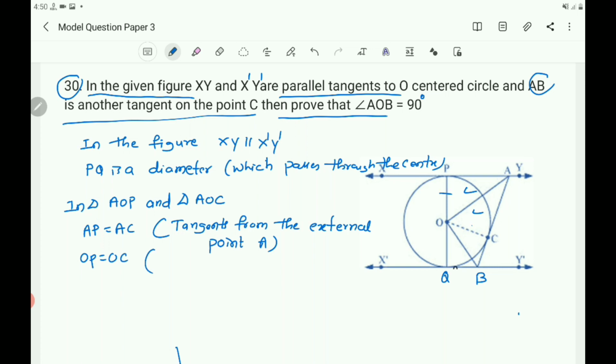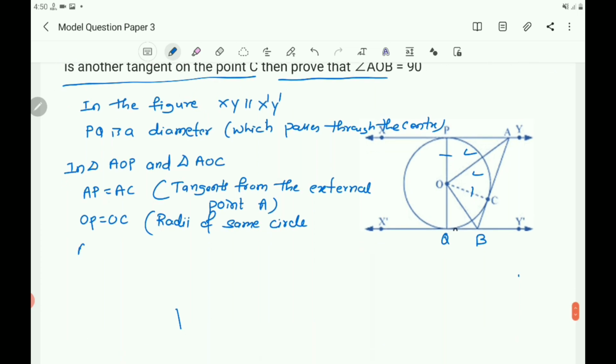Why OP equals OC? Radii of the same circle. And also you write AO equals AO, common side.